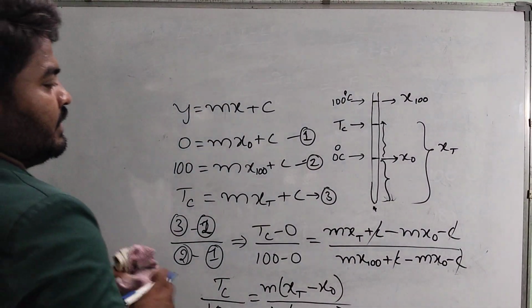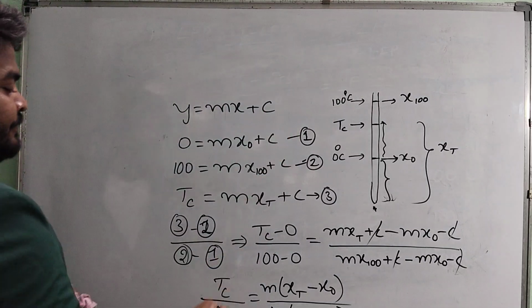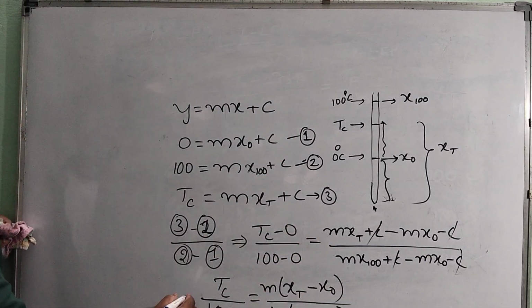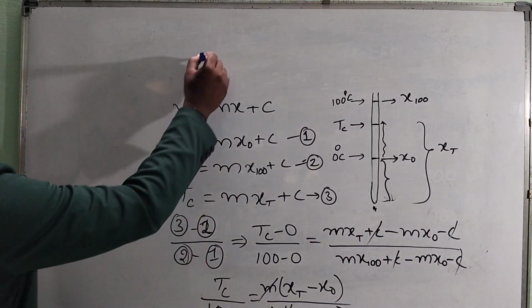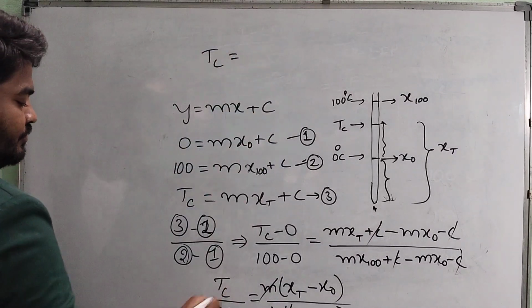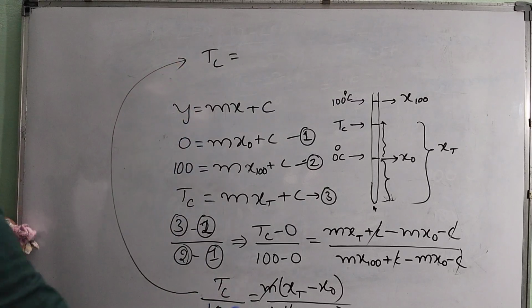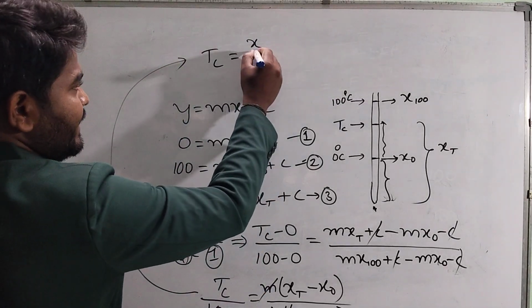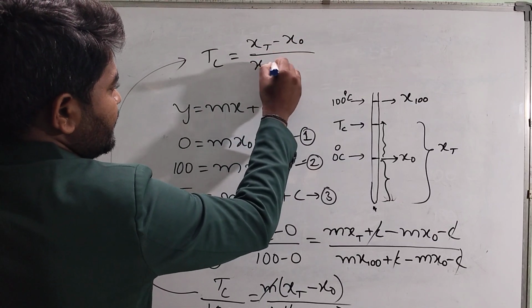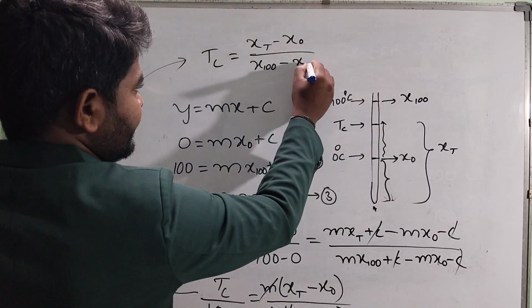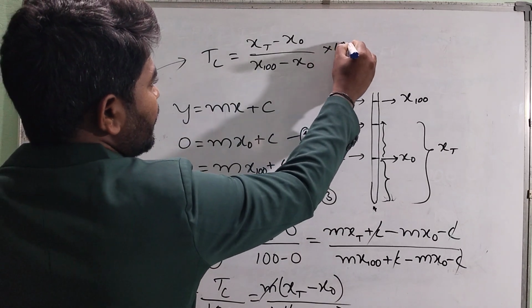Now let me write here again. The m gets cancelled, then Tc equals (xt minus x0) by (x100 minus x0) into 100.